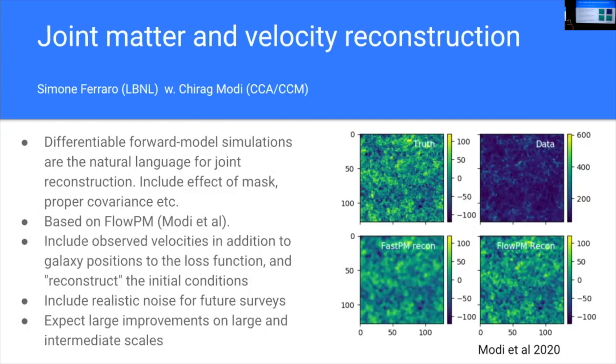It's very well suited for this, and of course the particles in FlowPM already have velocities, so it's a matter of including the observed velocities with the proper covariance in the loss function. You're trying to find a solution that matches both the galaxy positions and the velocities, and so reconstruct the initial conditions, and then you can do cosmological inference from that.